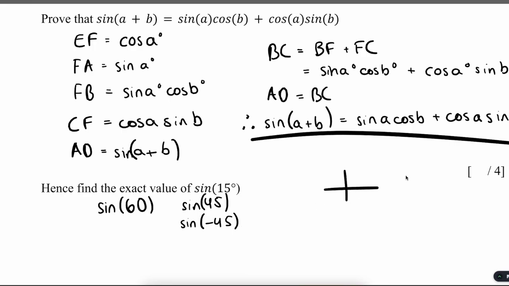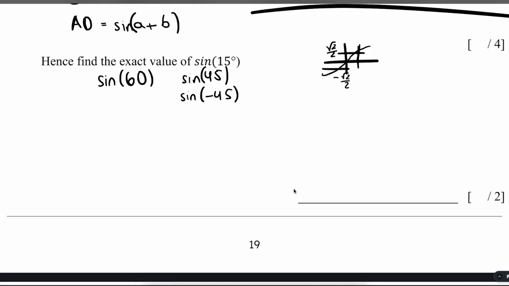So if we use the sine graph, then we know that sine of 45 is root 2 over 2, so sine of minus 45 is going to be minus root 2 over 2. We know that because it's almost symmetrical, but negative.